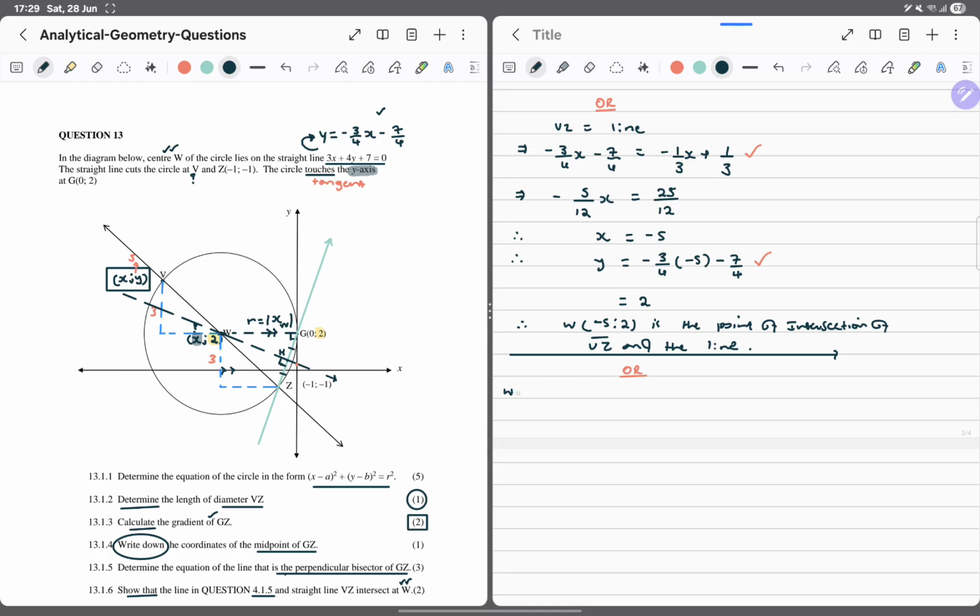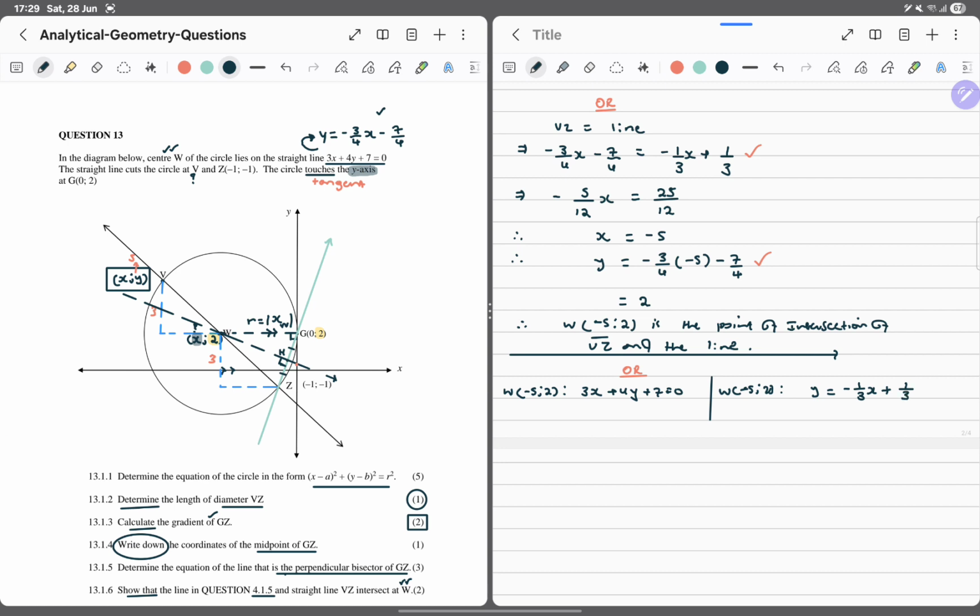So we will take W minus 5 and 2 into y equals, in fact we can even write it as it was given, 3x plus 4y plus 7 is equal to 0. And we do the same. Take W with minus 5 and 2 into that equation that we solved, y equals minus 1 over 3 of x plus a third.